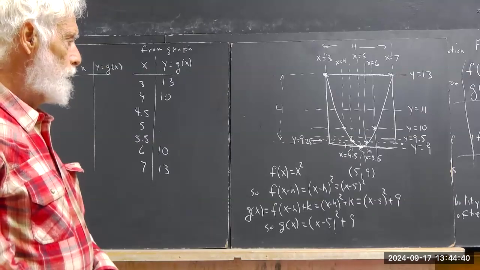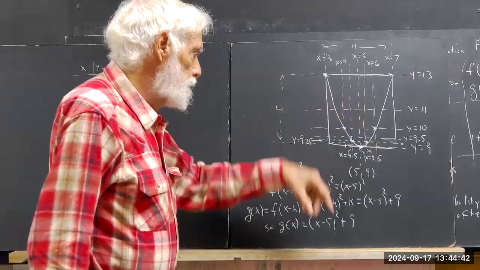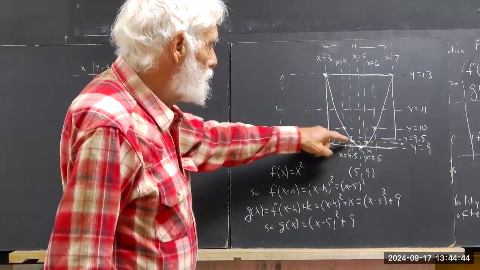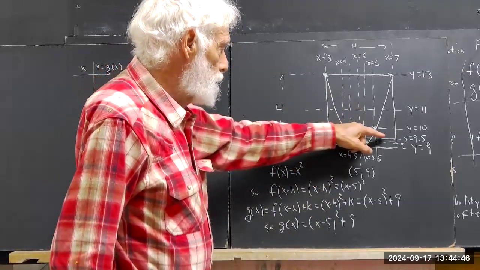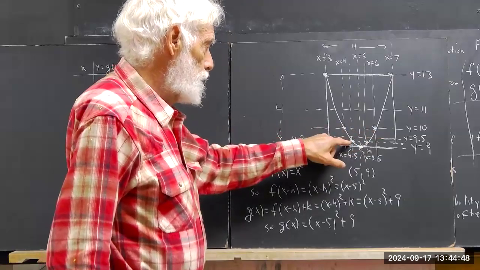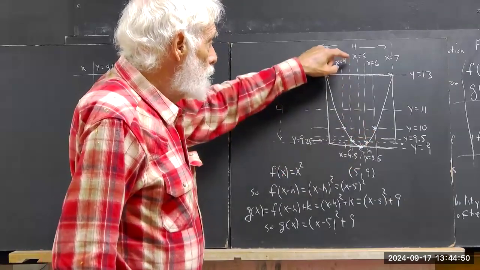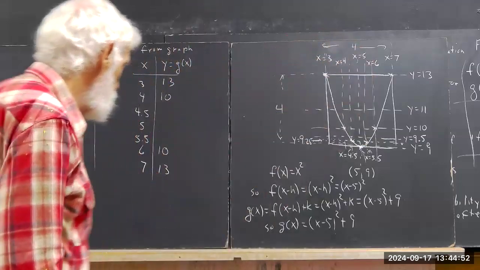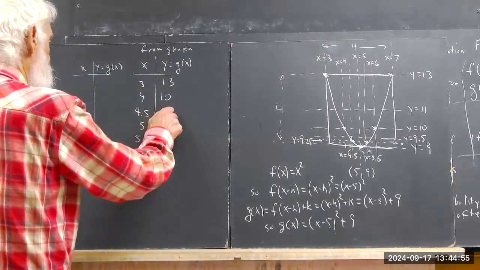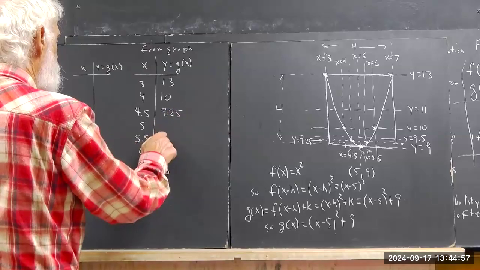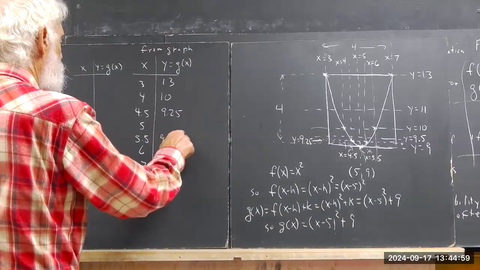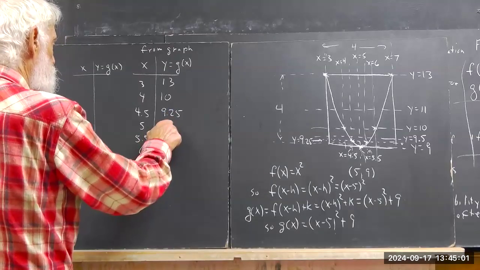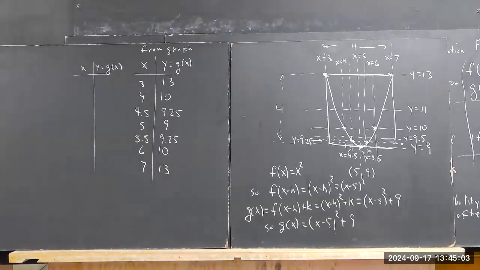I drew another line here, but it is 9.25. The 9.5 is here, and doesn't have a point over that. The 9.25 corresponds to x equals 4.5 and 5.5. So that's 9.25, 9.25. And when x equals 5, y equals 9. That's the point we started with.